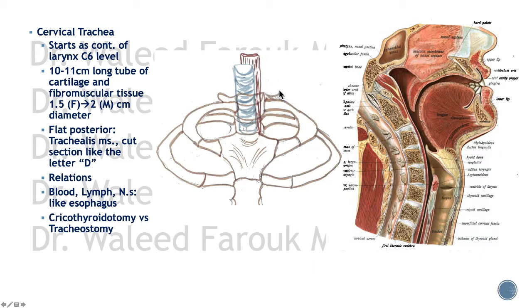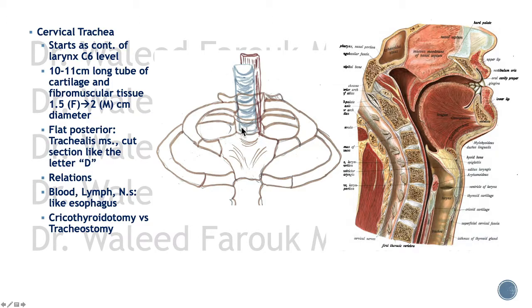For the relations, I thought I might say the relations of both the trachea and the esophagus one time. The thyroid is at the front, at the side of the trachea, and going back, the posterior surface goes back to the side of the esophagus. Don't forget the carotid sheath with its contents at the sides, and don't forget the recurrent laryngeal nerves.